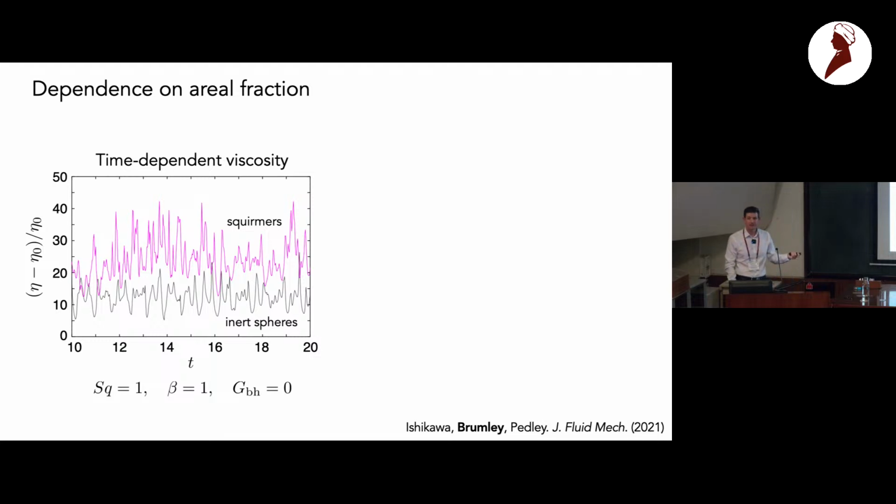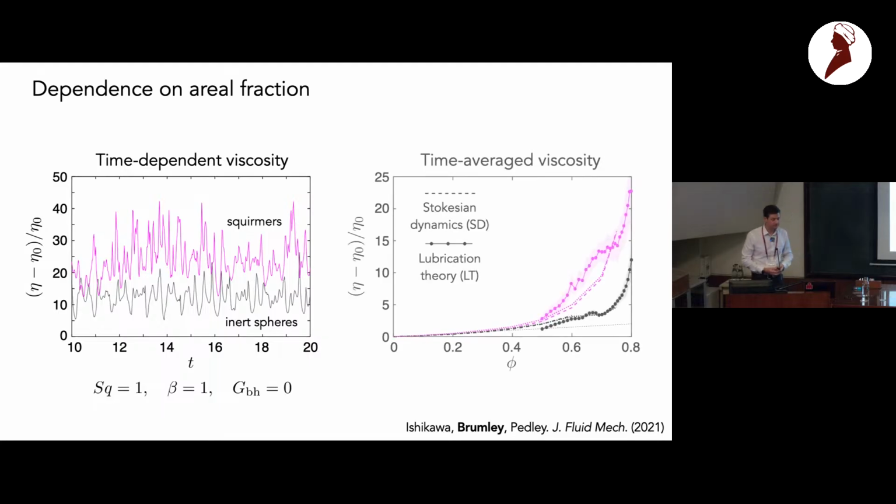And you'll see in particular a significant difference between the case of inert spheres, where we switch off the swimming motion, and the case where the swimming motion is turned on, so they're actually squirming. In this situation, you'll see that the activity of these particles actually enhances the viscosity of the suspension. So it makes it harder to shear this active suspension.